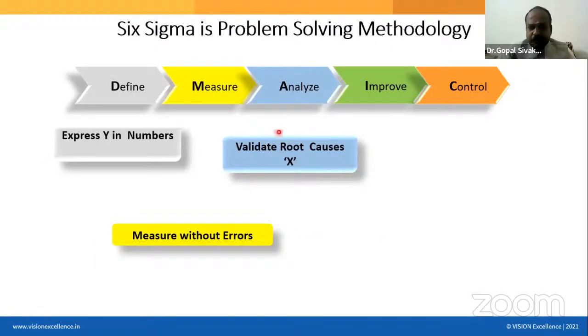So the main goal of the analyze phase is to find out the root cause which is responsible for the gap in performance. We should also prove it, which is called validation. And for validation in Six Sigma, we have a tool called hypothesis testing.